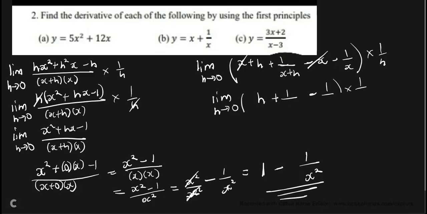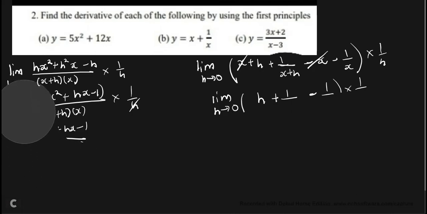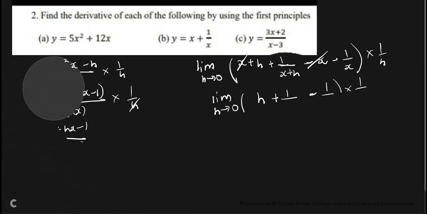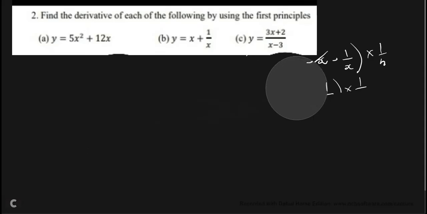Now let's go to C, on how you can come up with a proper answer when it comes to C. So on C, what exactly do you look at? When it comes to C, it's y equals 3x plus 2 over x minus 3, like that.